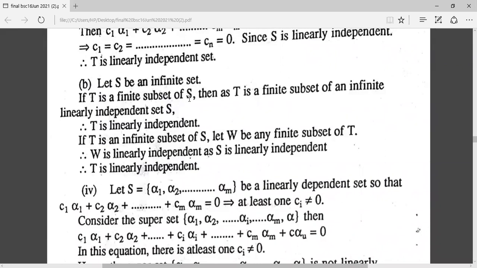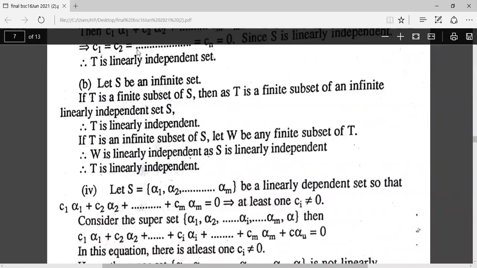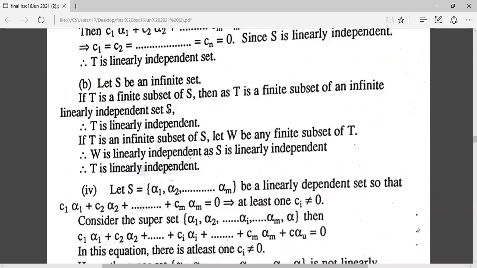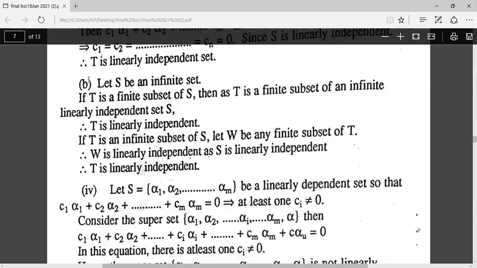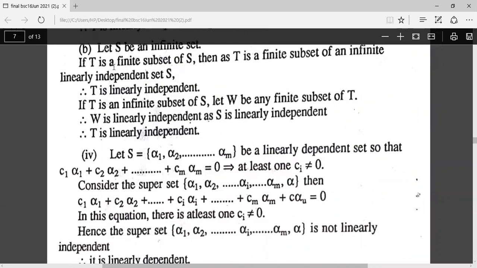So if T is a finite subset of an infinite linearly independent set S, then yes, because it is finite, from the first case what we have proved, if S is linearly independent, T is also linearly independent. So therefore T is linearly independent.